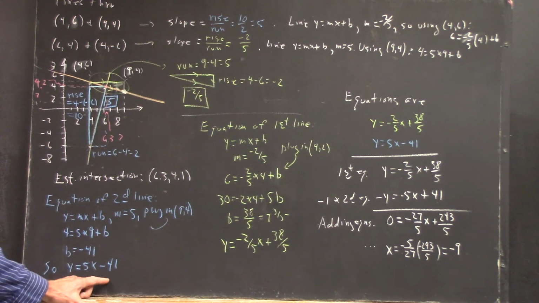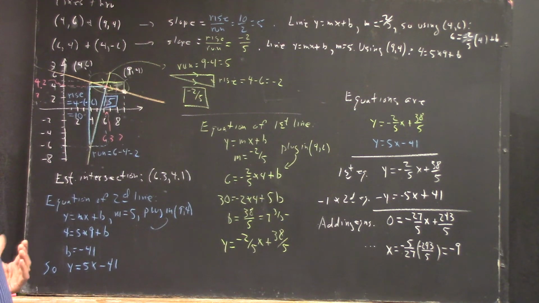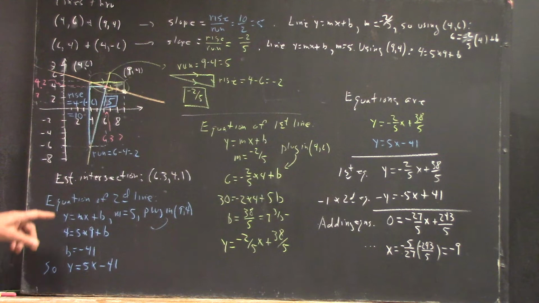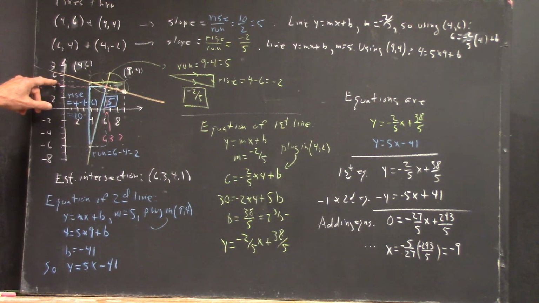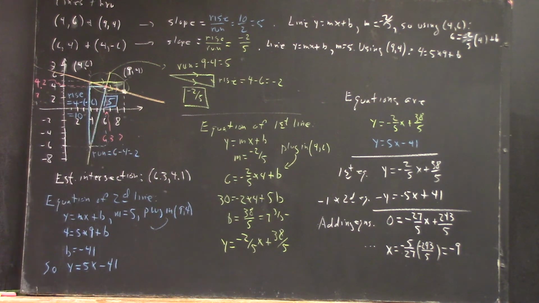Which leads me to believe this -41 doesn't look right, it looks like this thing's going to hit way before x equals -41. Gives me an idea that maybe I better check this. Is the slope really 5? Well, I'm going up 10. And I'm going over 2, so yeah, the slope really is 10 over 2, which is 5.